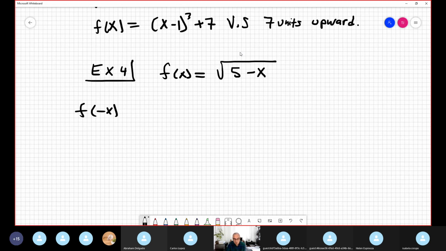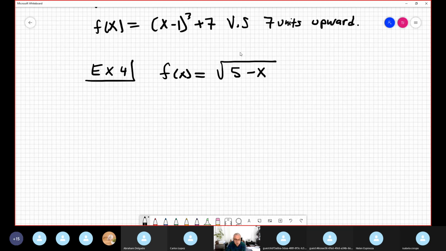Maybe here, but the 5, I don't know, one of these horizontal shifts, but I don't know if it's to the right or to the left. You say that when it's positive it's to the left, but when it's negative to the right. So this is a typical example in which you need to apply some algebra to understand the transformation a little bit. Not always is it 100% clear. You need to do something.